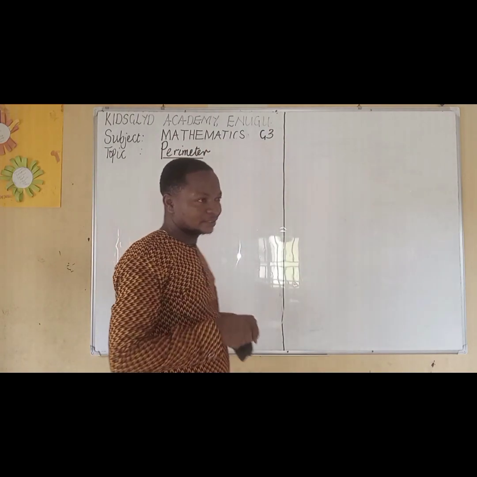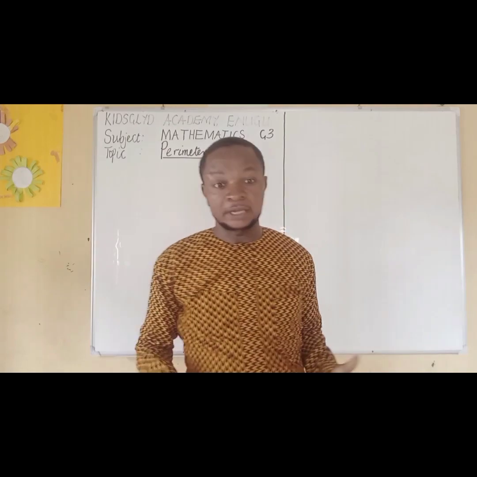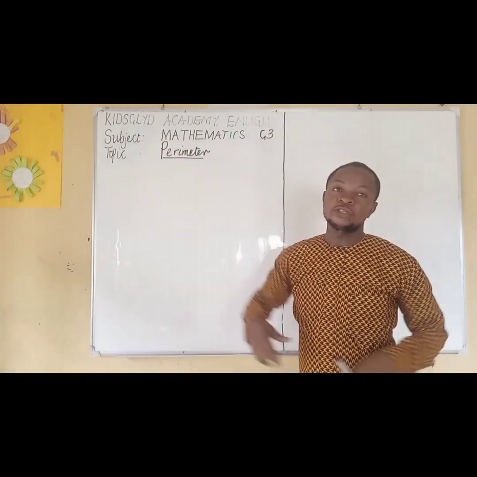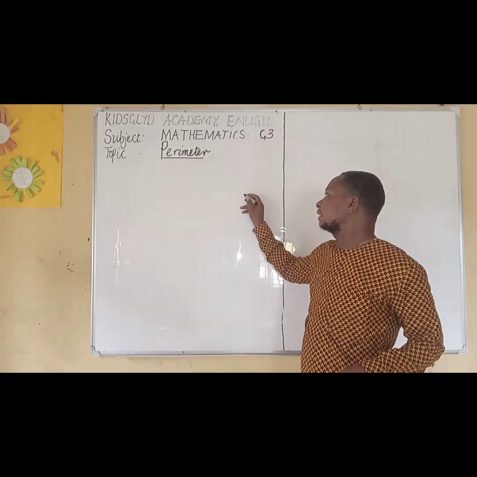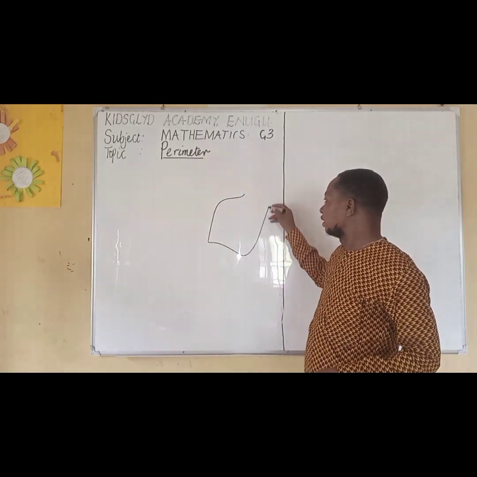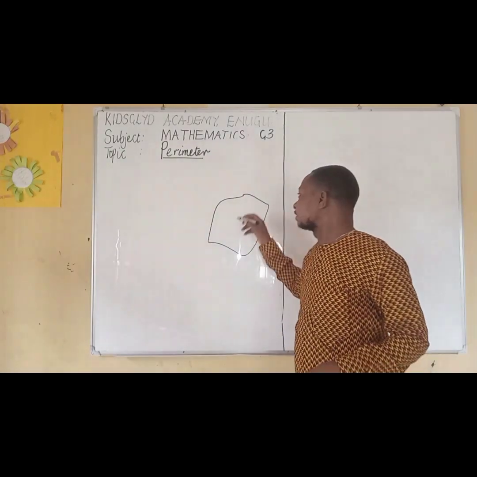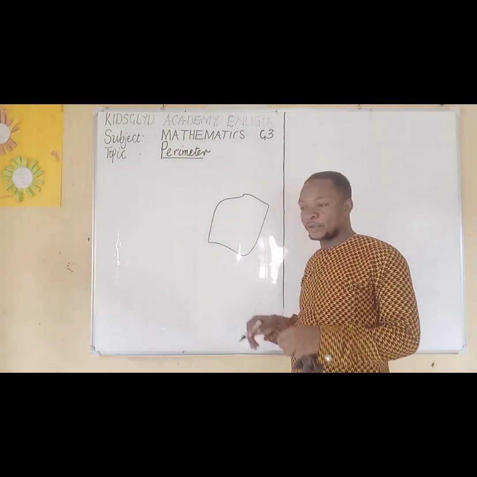Some people will ask, what is this perimeter? From periphery, we get what is called perimeter. No matter how the shape is, there is a distance around it, and this distance is what is called the perimeter.